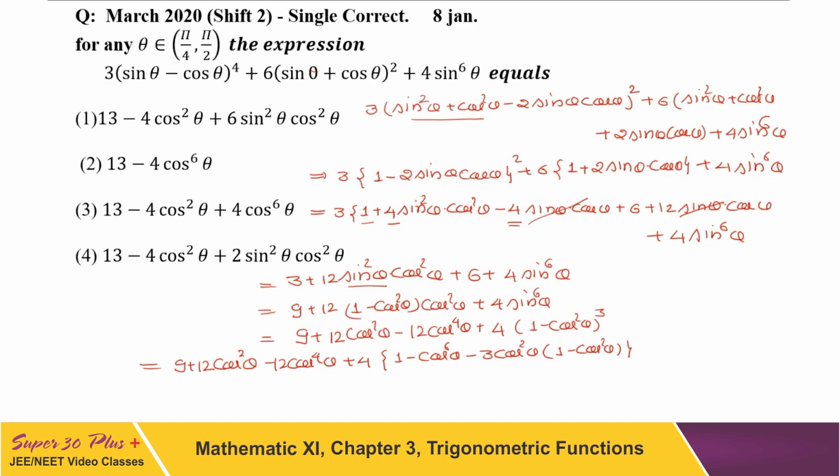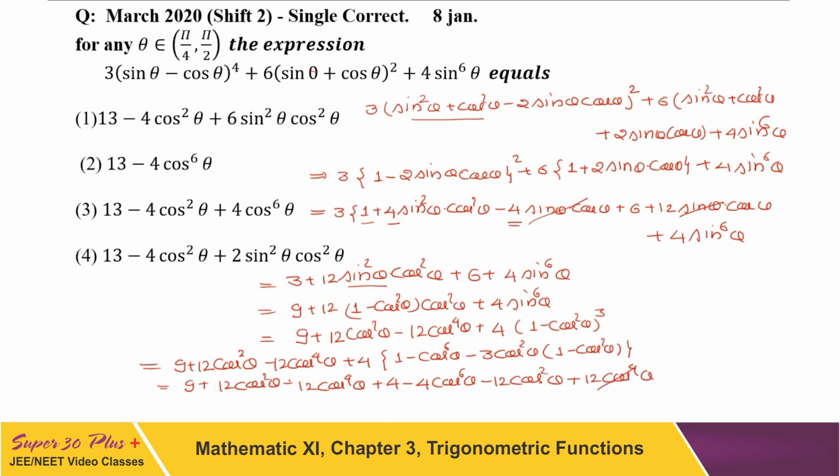Now simplify it. It is 9 plus 12 cos²θ minus 12 cos⁴θ plus 4 minus 4 cos⁶θ, minus 12 cos²θ, plus 12 cos⁴θ.